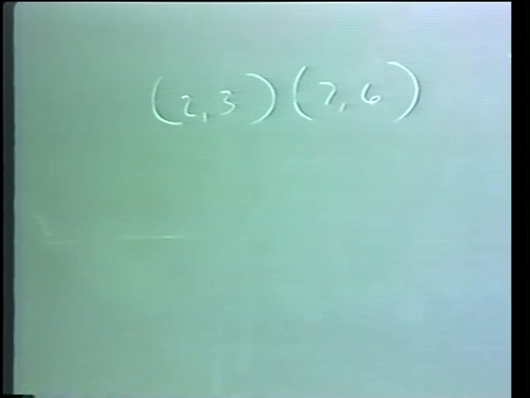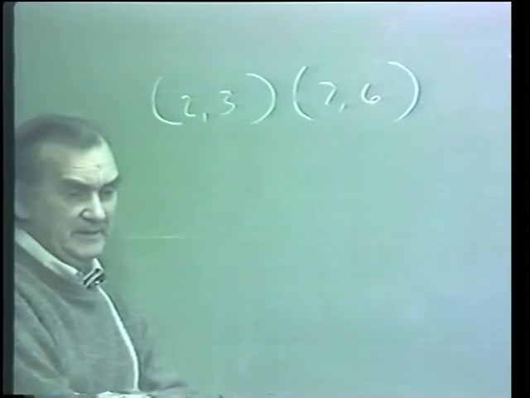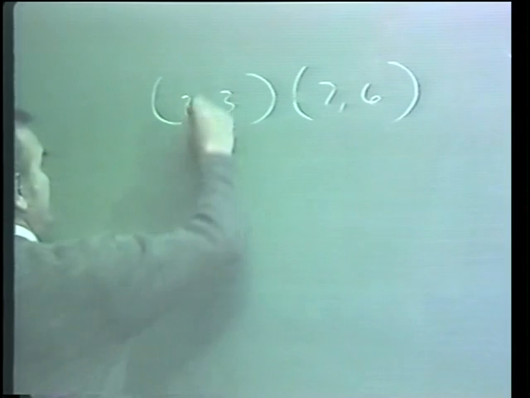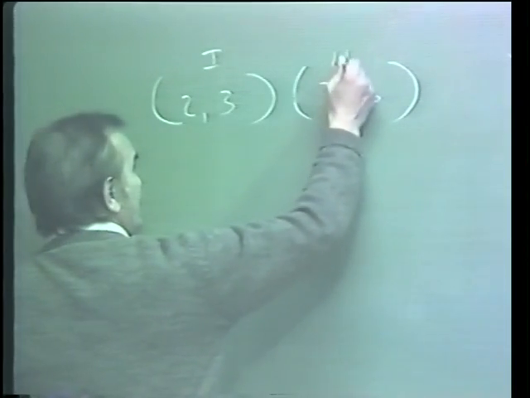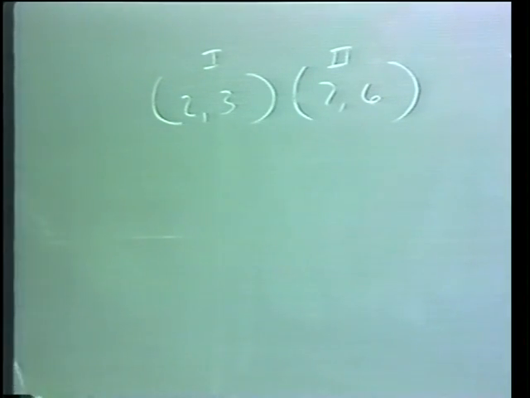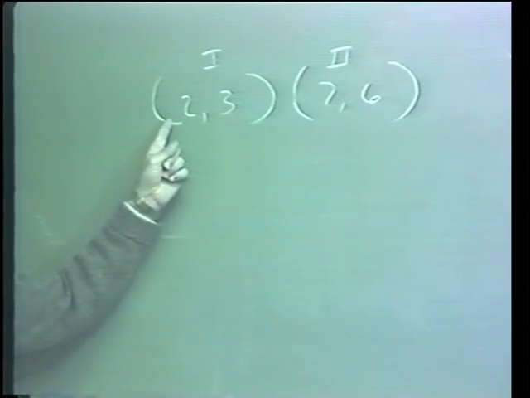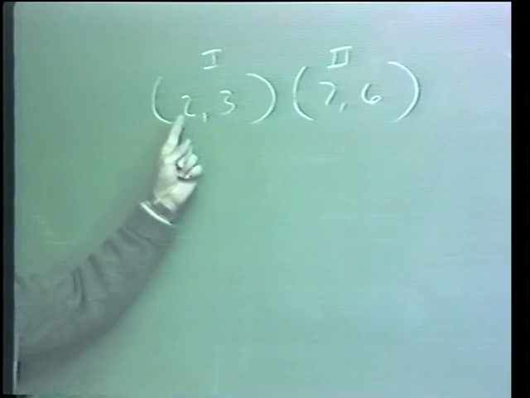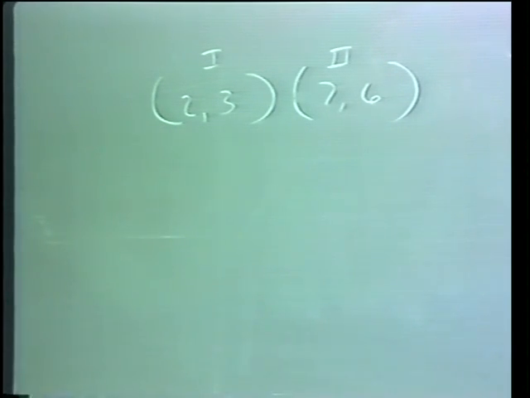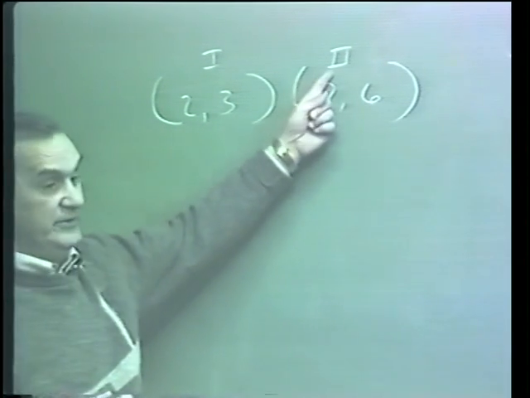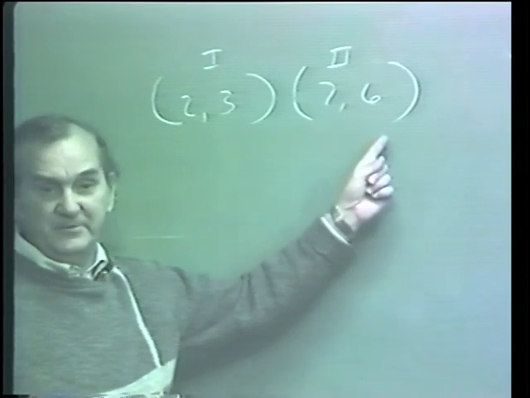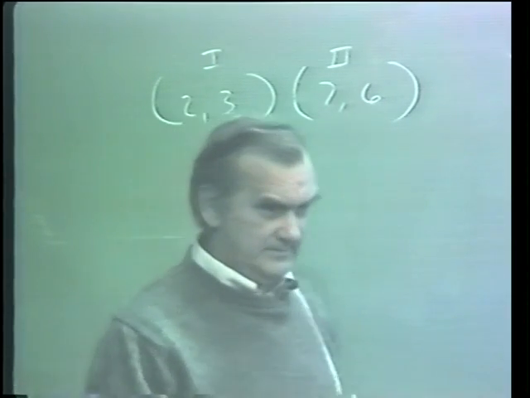So what we're going to do is number these points. I'm going to call this point 1, this point 2. If this is point 1, this represents x sub 1, y sub 1. If this is point 2, this represents x sub 2, y sub 2.